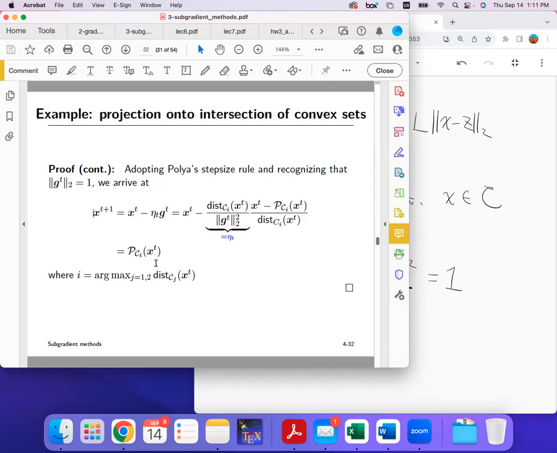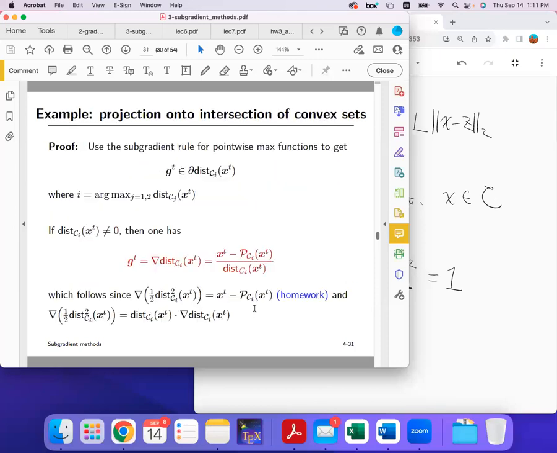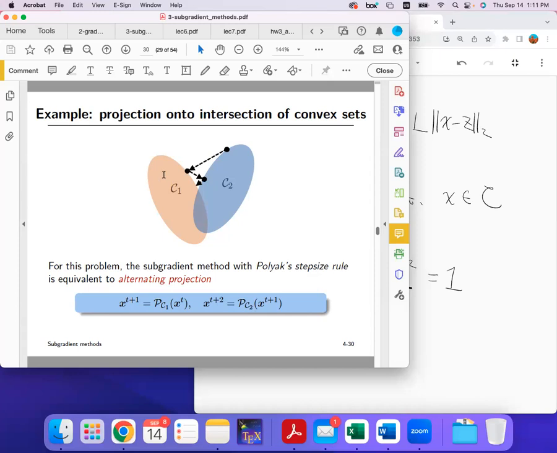So the algorithm is very simple. You start from x_t, and the next iteration is basically projecting x_t onto the set. There are two sets, and you just project x_t onto the set that is farther away from it. Go back to this figure. Suppose you start from a point in C2. The algorithm says you project this point onto the set that is farther away.